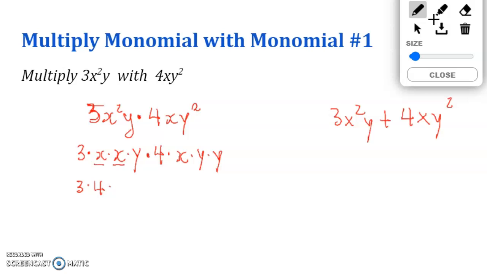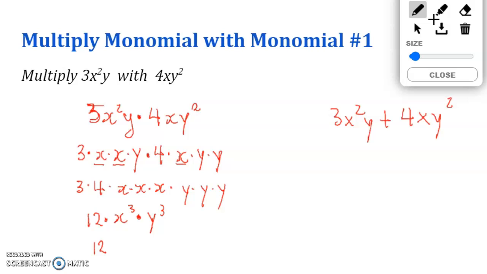I have 3 x's being multiplied together, and then I have y's being multiplied together. So in this case, 3 times 4 is 12. To that, we're multiplying x times x times x, same as x to the power of 3. To that, we're multiplying y times y, same as y squared. And we do not need this multiplication symbol.